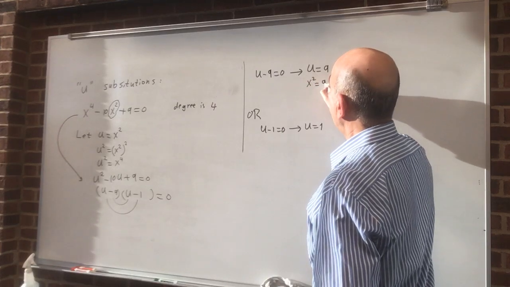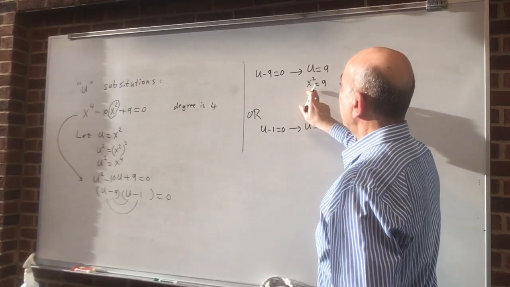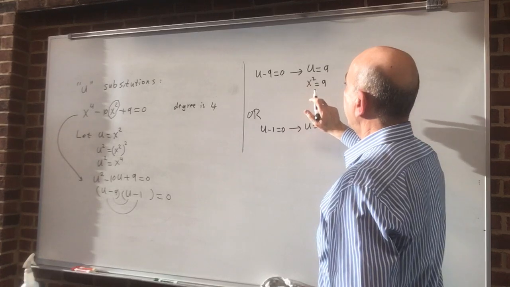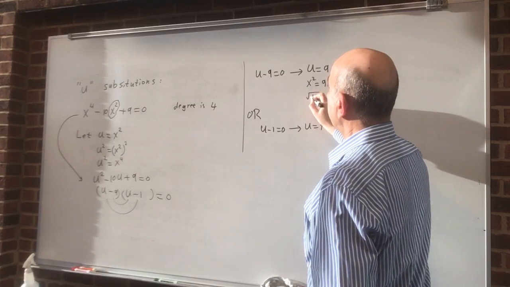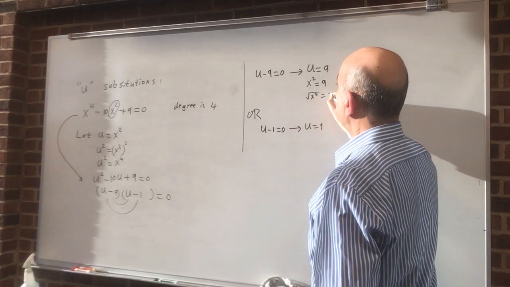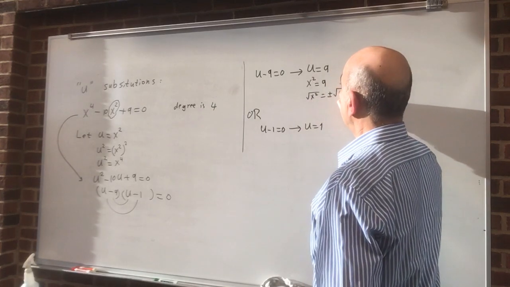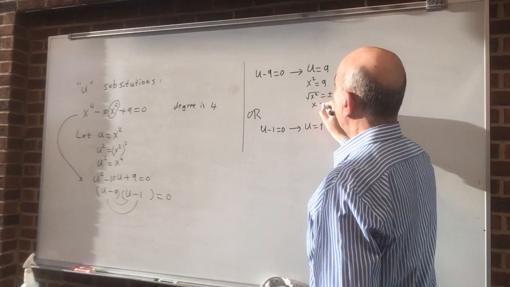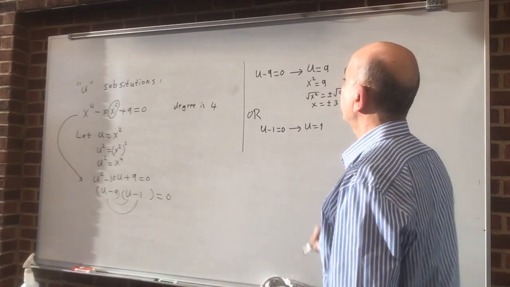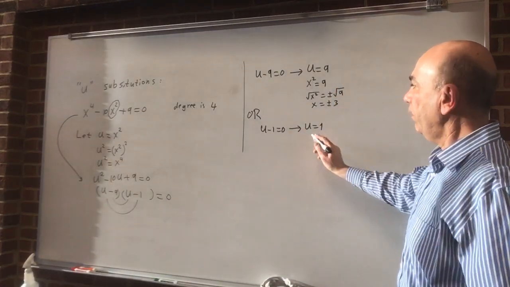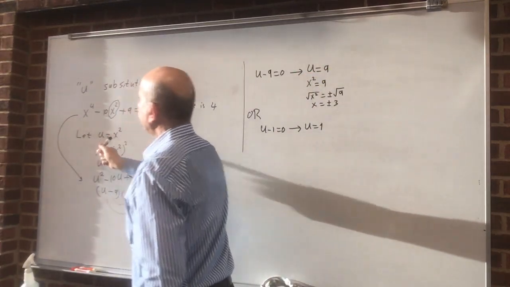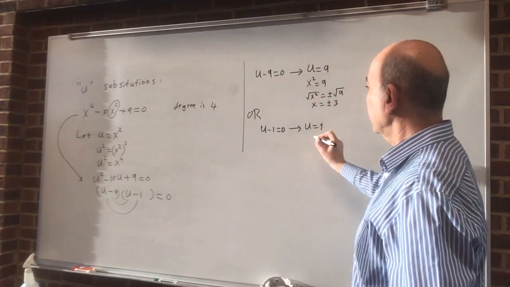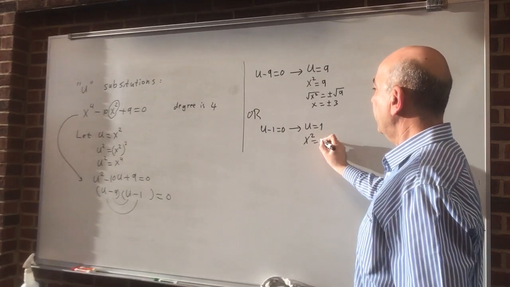So x squared equals 9. Take the square root of both sides, so x equals plus or minus 3. Similarly, if u equals 1, u is x squared, so x squared equals 1.